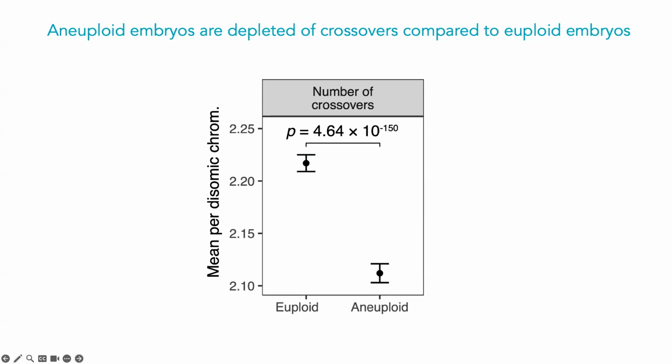And what we see there is that even on the normal disomic chromosomes, aneuploid embryos are depleted of crossovers relative to their euploid counterparts. So that's getting around this technical issue of detection of crossovers and supporting a protective effect of crossovers on meiotic aneuploidy risk.